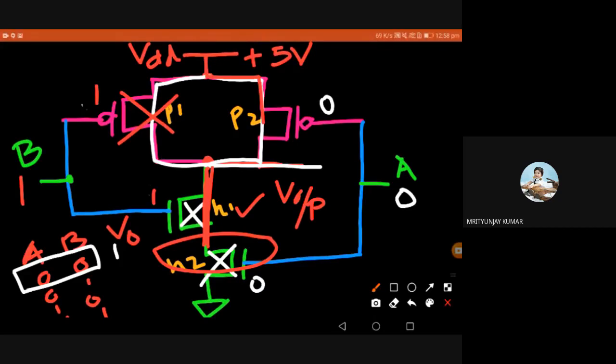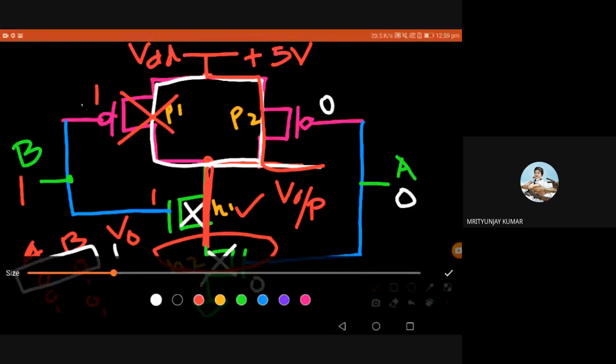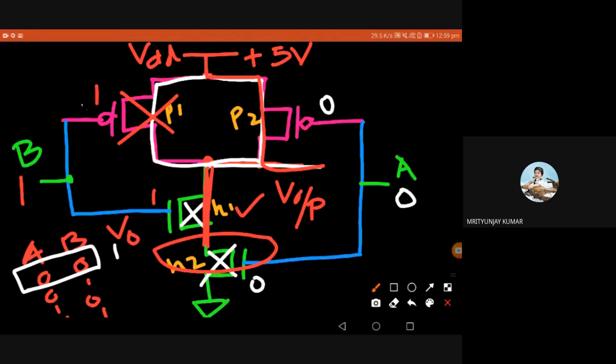It doesn't change the circuit behavior because two parallel switches, P1 and P2, were on, and I made one parallel switch off. VDD is still connected to the output. And the two series switches N1 and N2 were off initially; now one switch is on, and that doesn't make any difference. So the output remains the same, that means output remains 1. Clear?